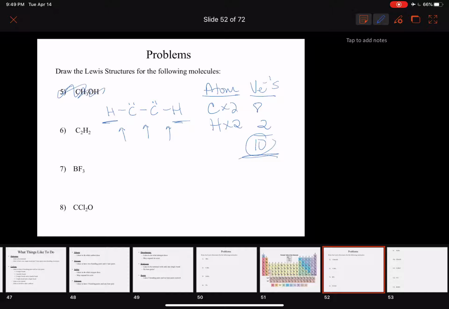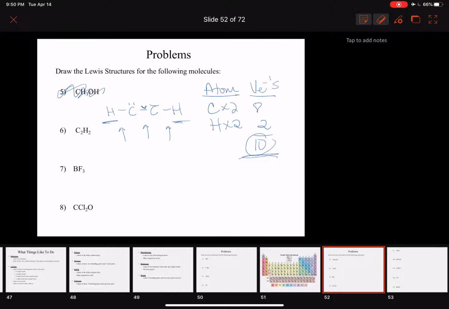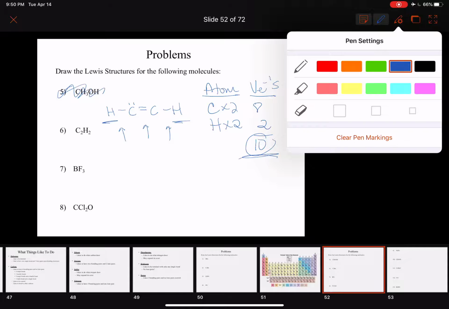So we still don't have a happy molecule here because the carbons don't have octets. So the left carbon says to the right carbon, hey, I don't have an octet, so you need to share those lone pair electrons. So this carbon's like, okay, and it throws them down in there and makes the second part of the double bond right here. And then the carbon on the left is like, yay, I have an octet now.